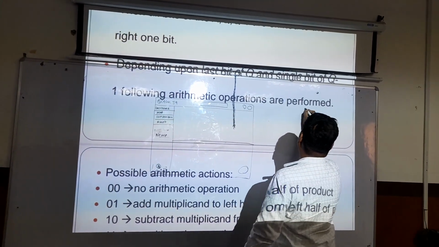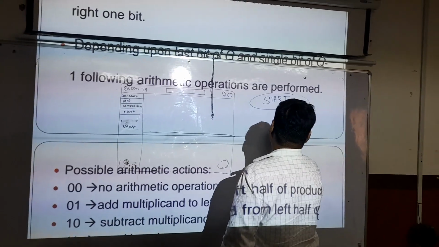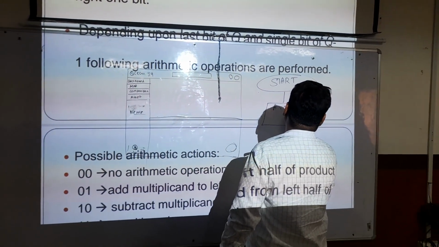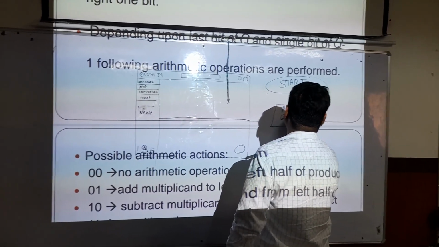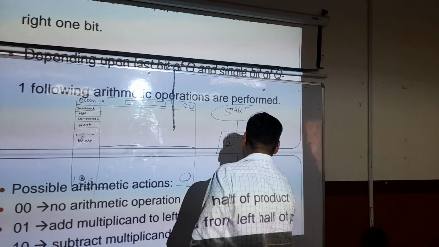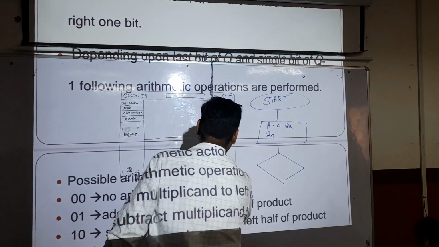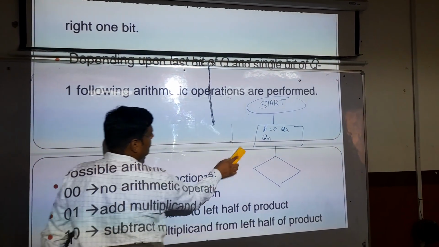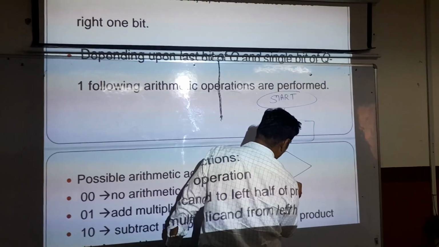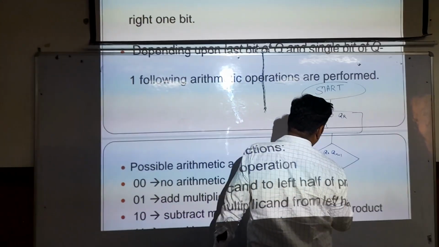In a flowchart: accumulator, Q, QR, QL. You check Qn and Qn plus 1.